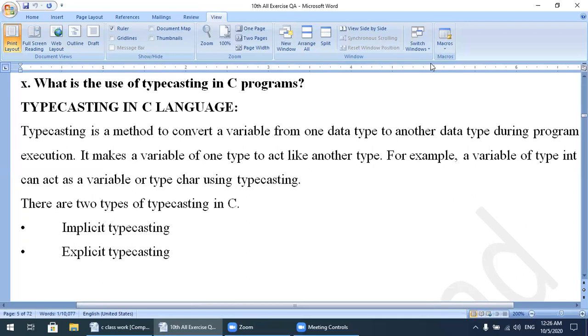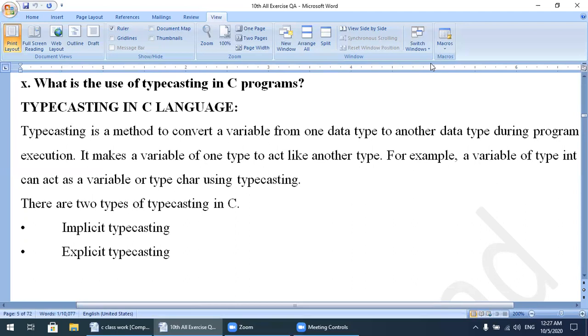Your book shows the example with the character. So an integer can also act like a character, and a character we can use as an integer with the help of typecasting. Reverse also works: any data type can be converted to any other data type. This process is known as typecasting.